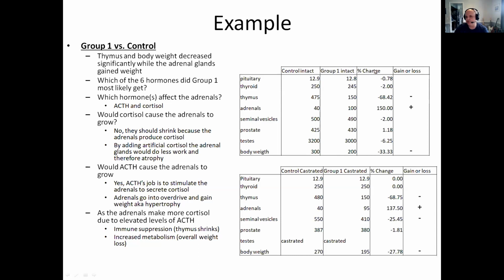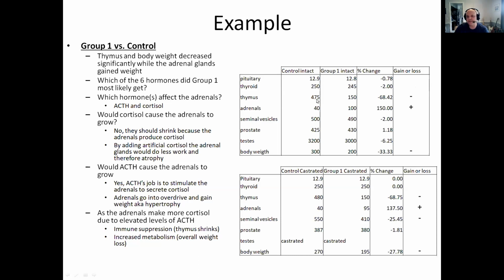So that's the percent change or loss. That's not 19% or greater, so I didn't put anything there. Okay. I did it again for the thyroid. Here we got a 5 milligram loss. If we do negative 5 milligrams divided by 250 times 100, that'll give us a negative 2%, also not 19% or greater, right? So again, I leave that blank.